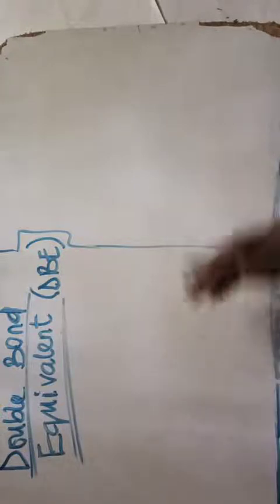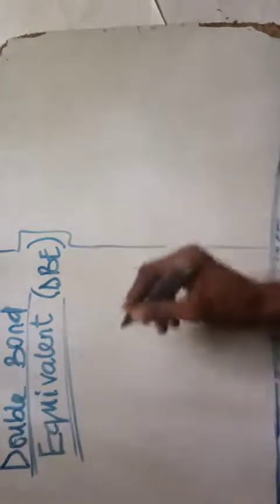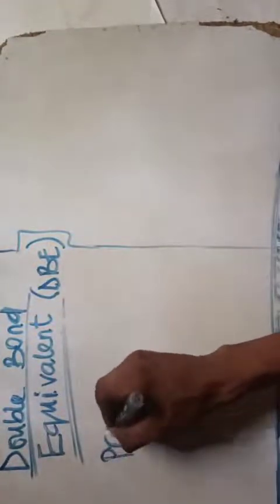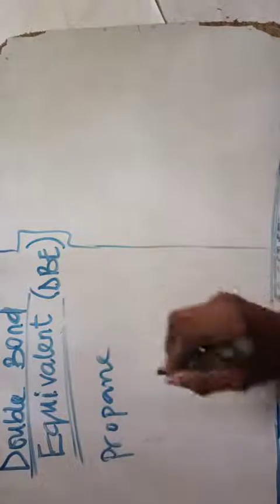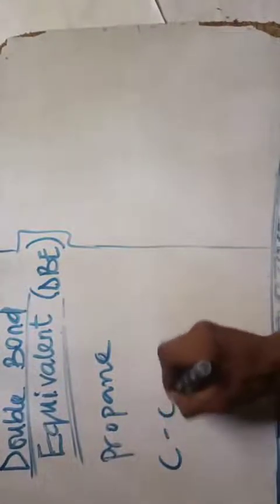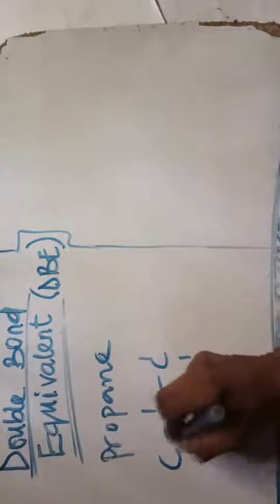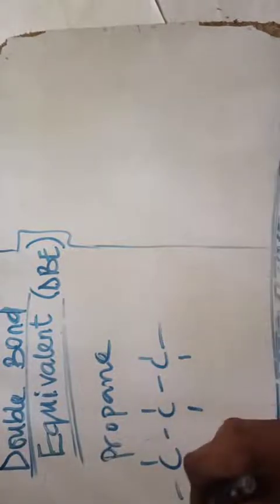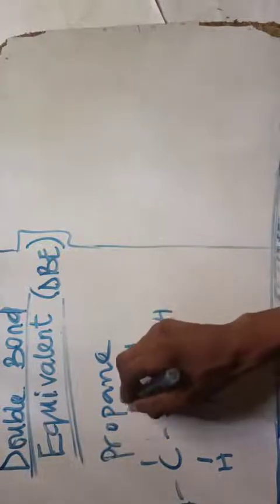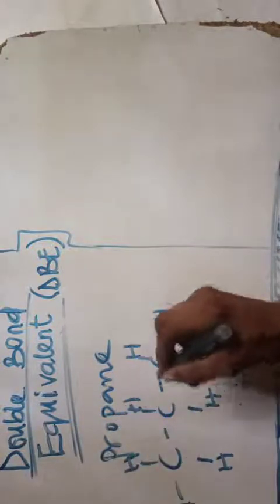Let's consider this example, propane. Propane in acyclic molecular structure is C3 and the number of hydrogen present here is 8: 1, 2, 3, 4, 5, 6, 7, 8.